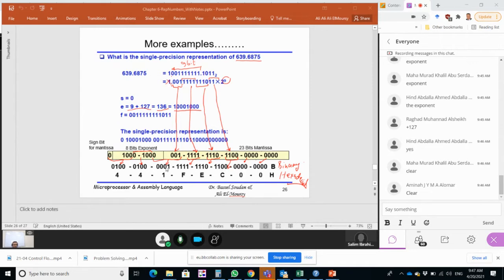Now, a number in binary will actually be 10 zeros, then the bits of the number ending at bit 23 for the Mantissa, and then I have the 8 bits for the exponent and the bit for the sign. If I want to see this in hexadecimal, remember that I have a total of 32 bits. 32 bits are represented by how many hexa digits? Well, tell me, how many hexa digits do we need for 32 bits? 8.